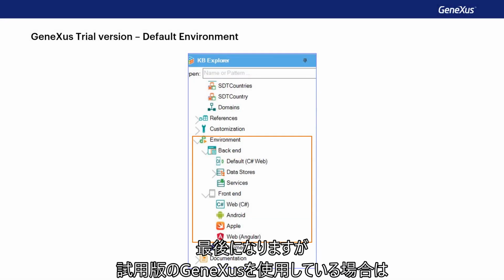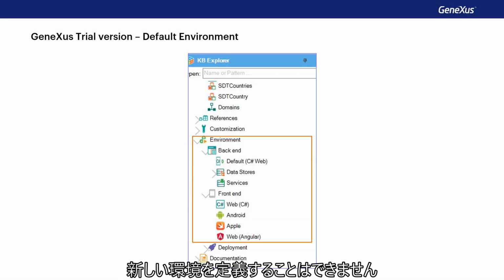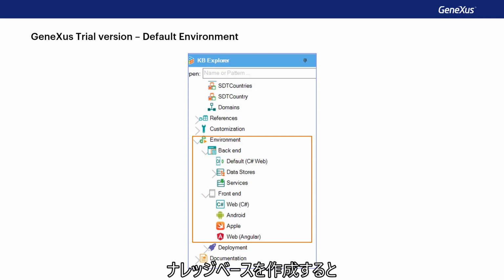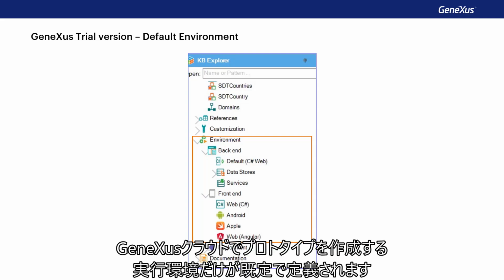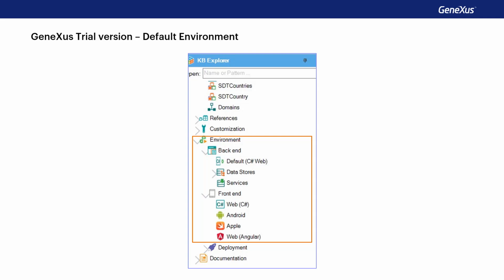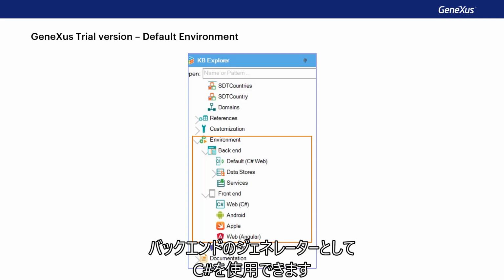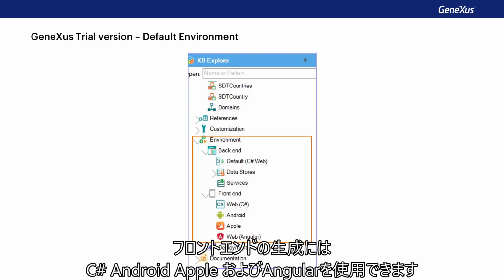Finally, if you're using the trial version of GeneXus, it's not possible to define new environments. When creating the knowledge base, the only execution environment that will prototype in the GeneXus cloud is defined by default. It'll have C# as a generator for the backend, and C#, Android, Apple, and Angular for the front-end generation.